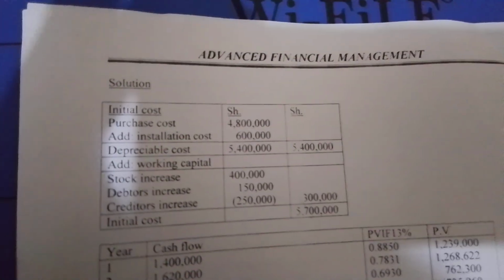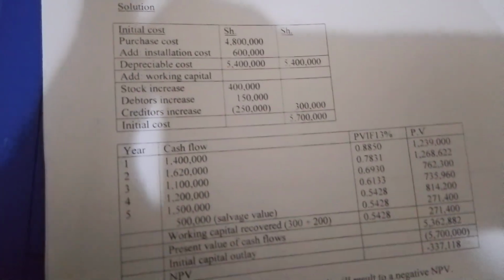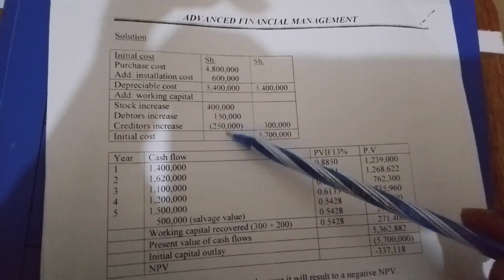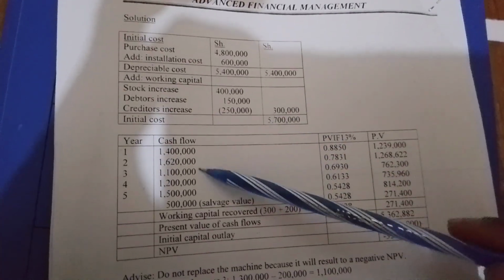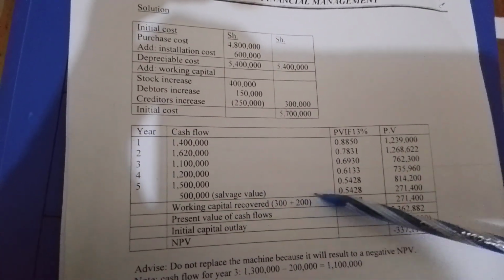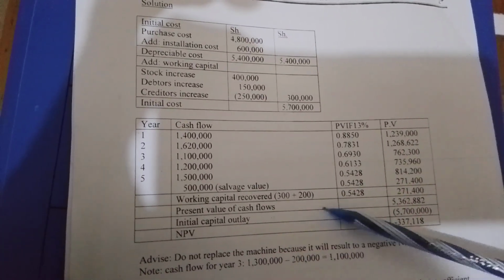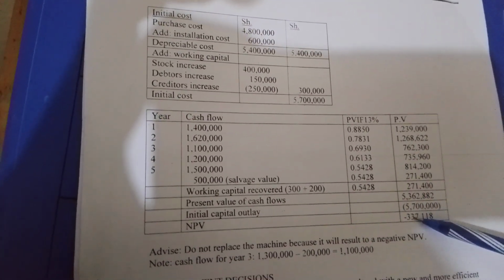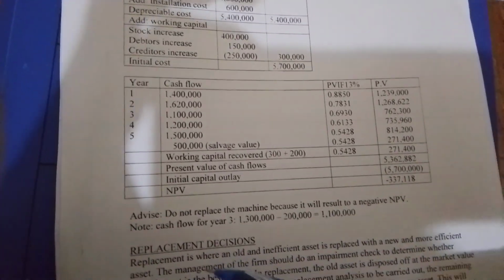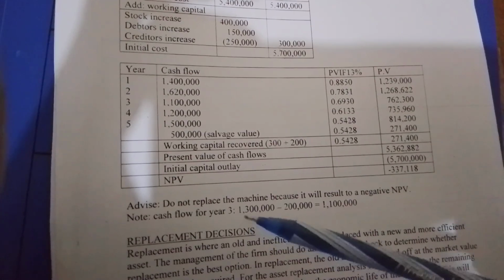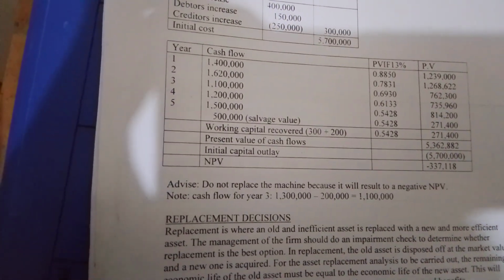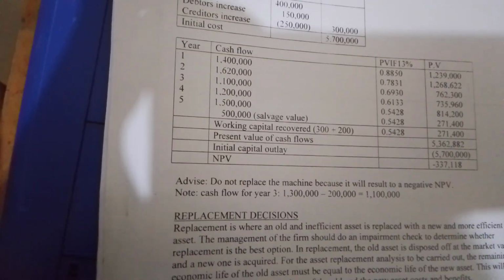Our workings: after getting the initial cost here, then our cash flows were here. There was a salvage value. There was working capital recovered. We deducted the initial cost and we got a negative 337,118. So we advise this company not to replace the machine because it will result in a negative net present value.